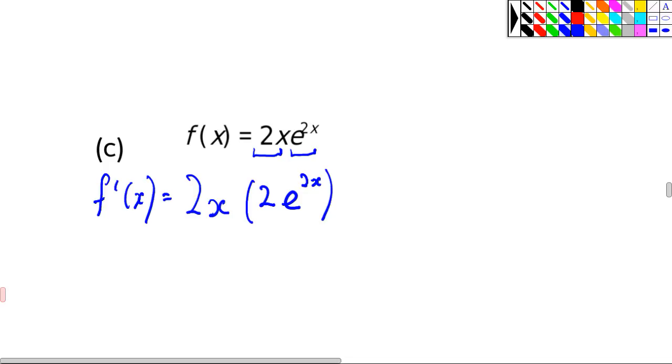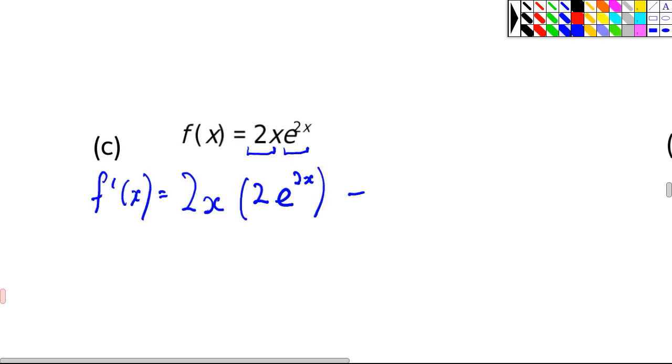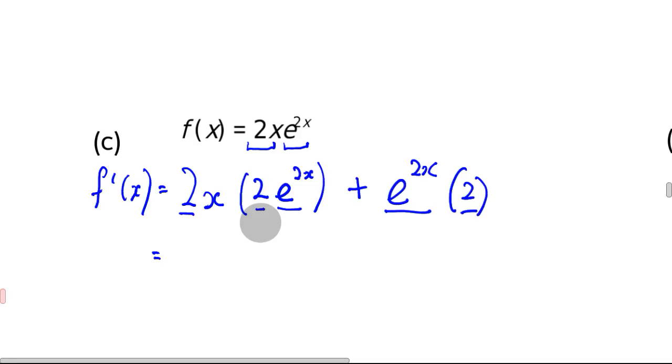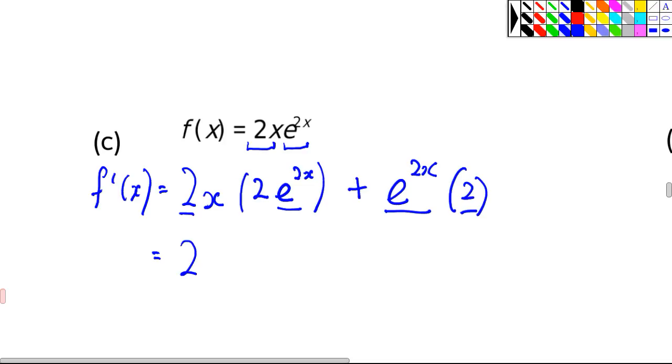Then what do I do next? Plus. Copy which one? Copy the second one, so copy e^(2x). Then differentiate the first one. I get 2. Now can I factorize? What do I factorize? 2e^(2x). I can factorize 2 and e^(2x).